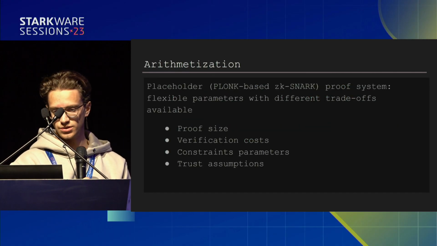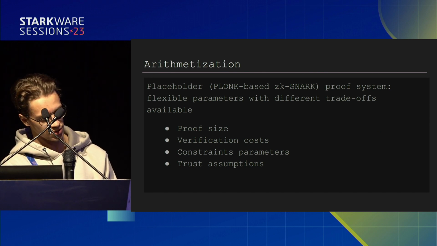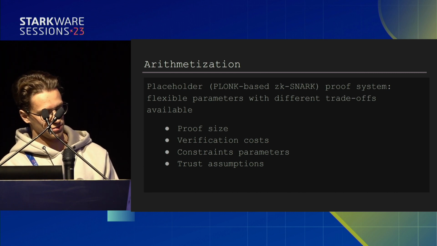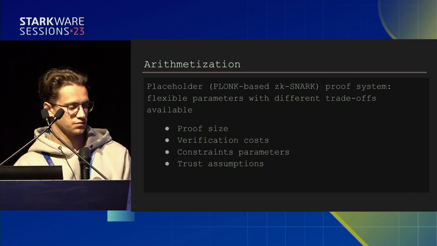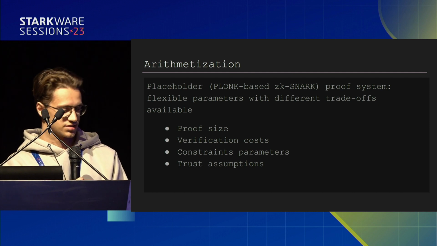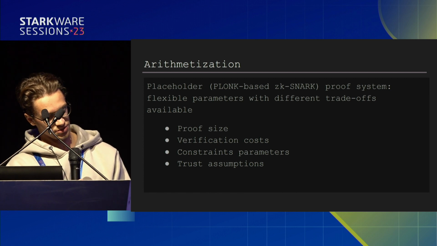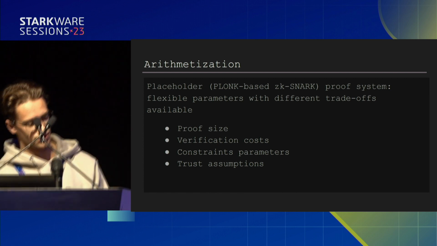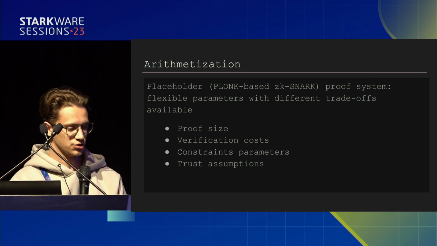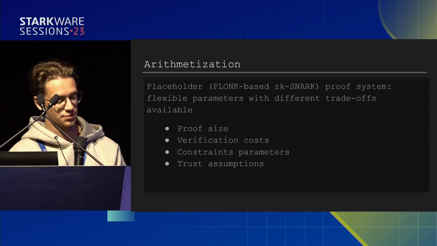That's basically why we decided to design a zk-SNARK proof system, which we call Placeholder. This is a FRI-based, LPC-based PLONK arithmetization. It is a FRI-based zk-SNARK system with PLONK with custom gate arithmetization, and the key features we wanted and achieved is that we have pretty flexible parameters.